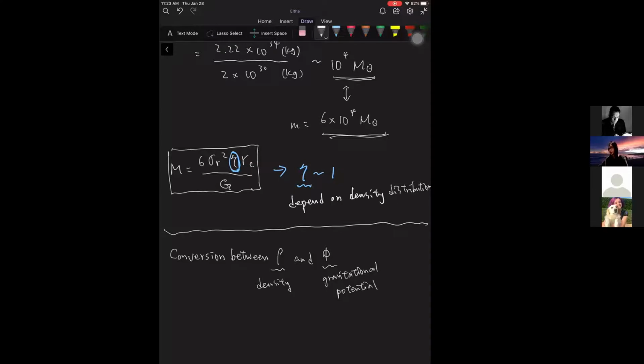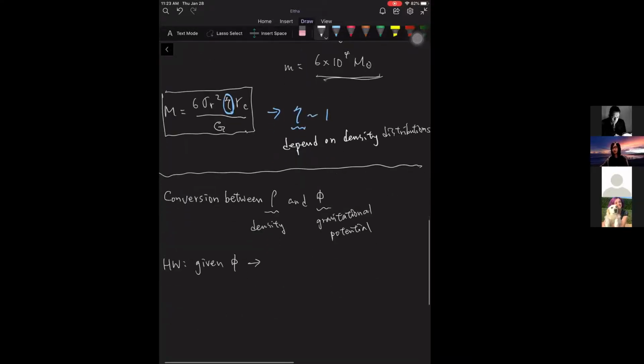In your homework, there should be one problem where the question gives you the gravitational potential form and wants you to obtain the density distribution form, right? So in the homework, you are given phi, and you have to show the density form.